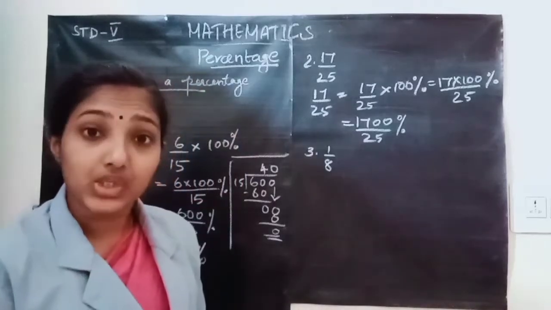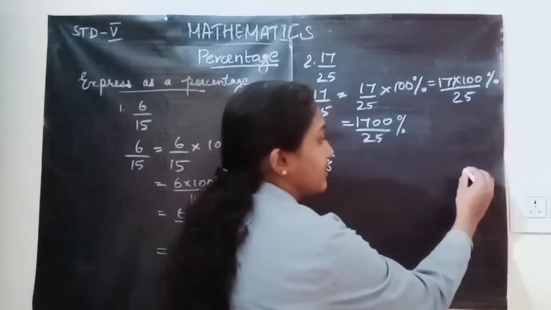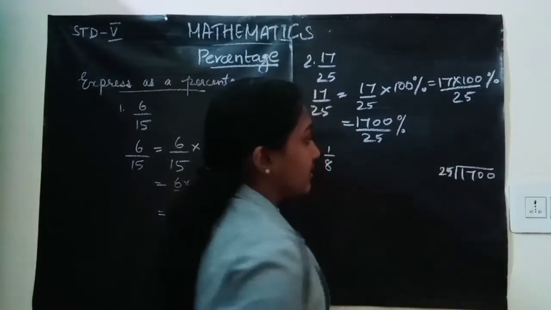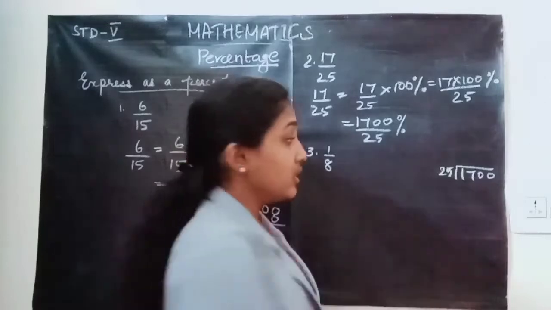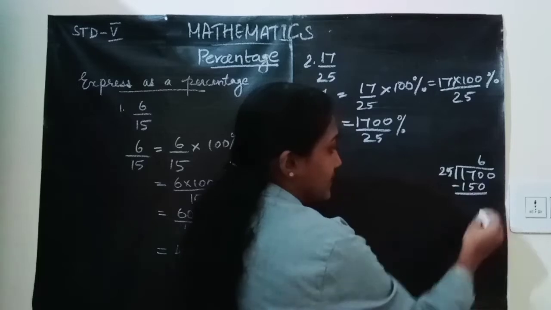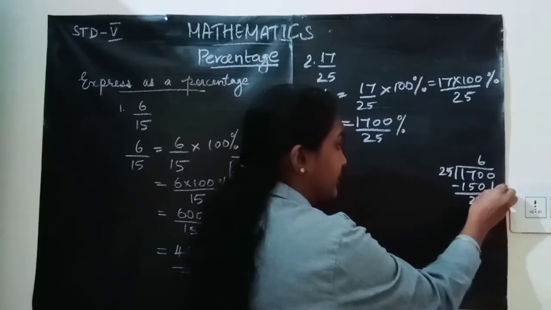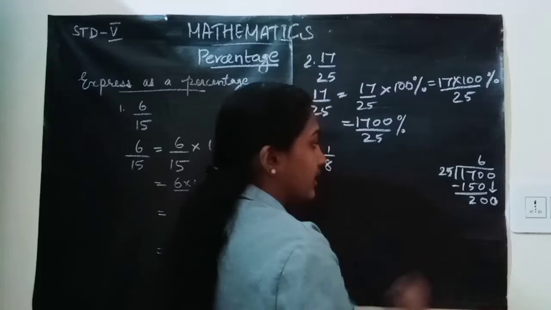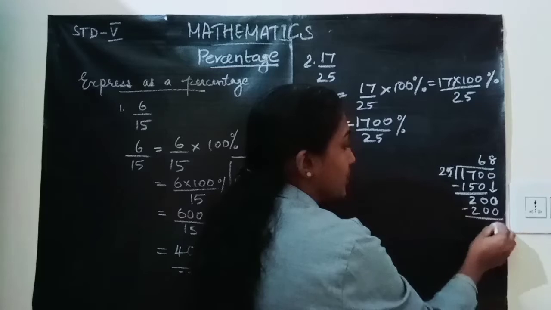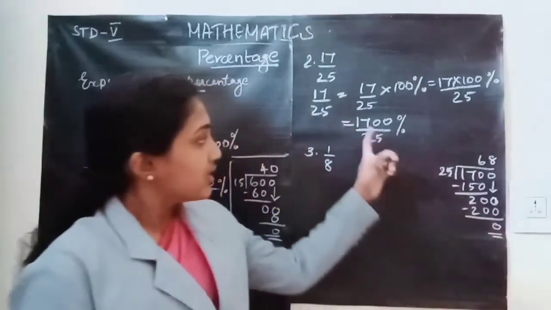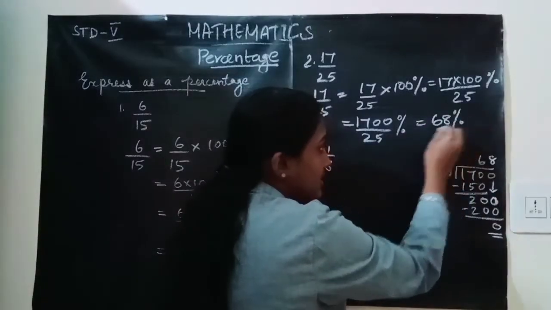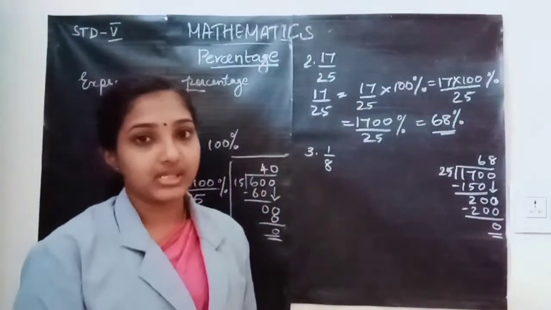And here also just doing the division, 1700 divided by 25. 25 into 6 gives 150, and subtracting, it is 20 here, bringing down the 0, it's 200. Then 25 into 8 gives 200. So 1700 divided by 25 is 68. So it is 68 percentage.